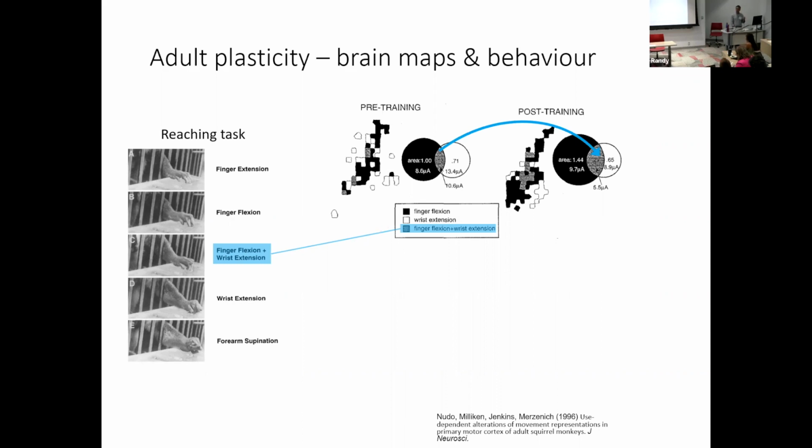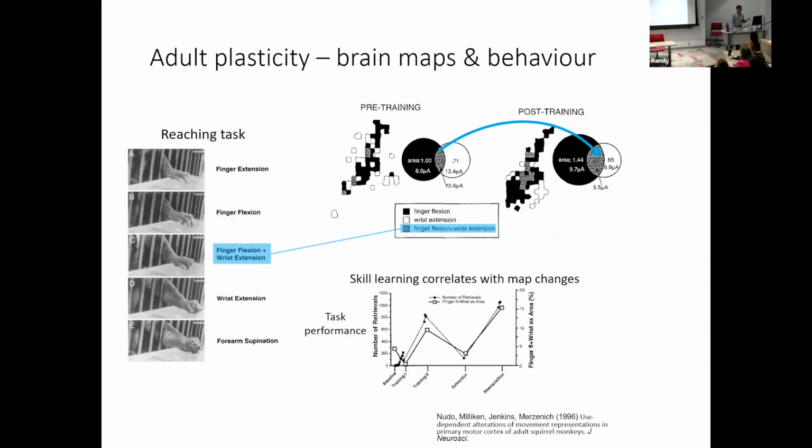They also tracked, over cycles of learning and then extinction and learning and extinction, how the animal's performance changed. And then they also tracked how this particular representation of this crucial wrist plus digit representation changed in size in the brain, and they tracked each other quite nicely.